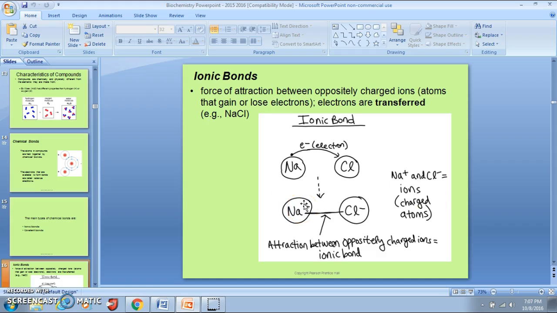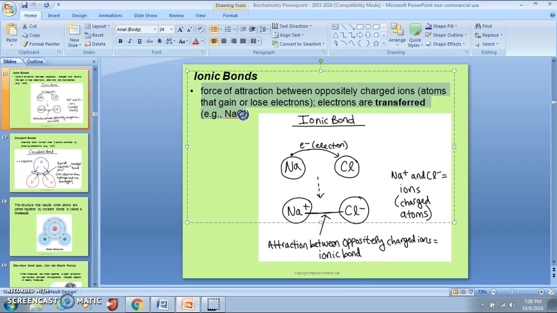And when sodium has a positive charge and chlorine has a negative charge, they're attracted to each other because opposite charges attract. Opposites attract. Think of dating. So we call that attraction between these ions an ionic bond. So that's why we're defining it as the force of attraction between oppositely charged ions, which are atoms that gain or lose electrons.